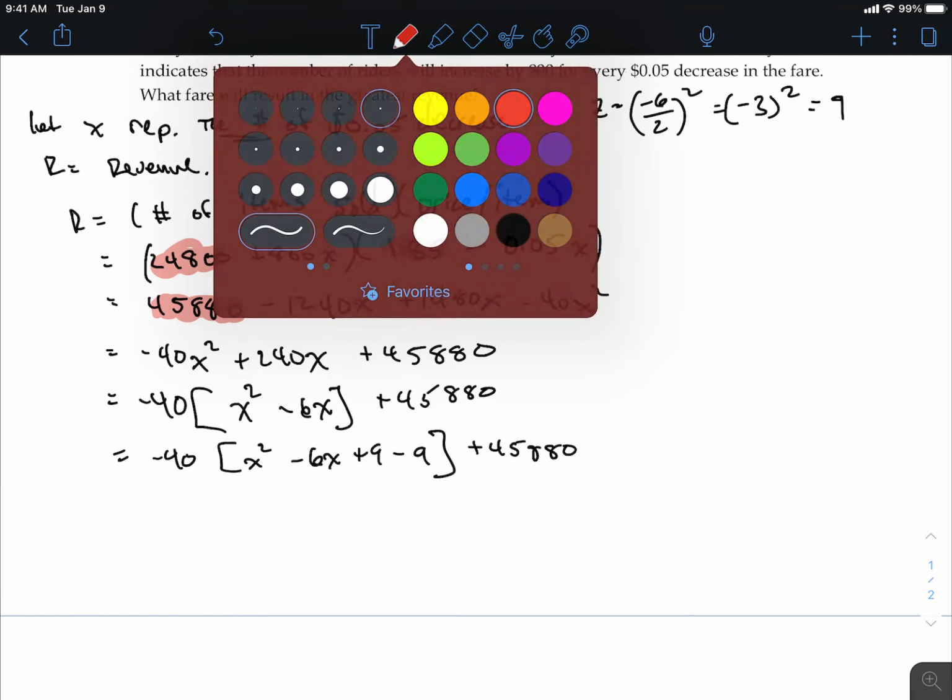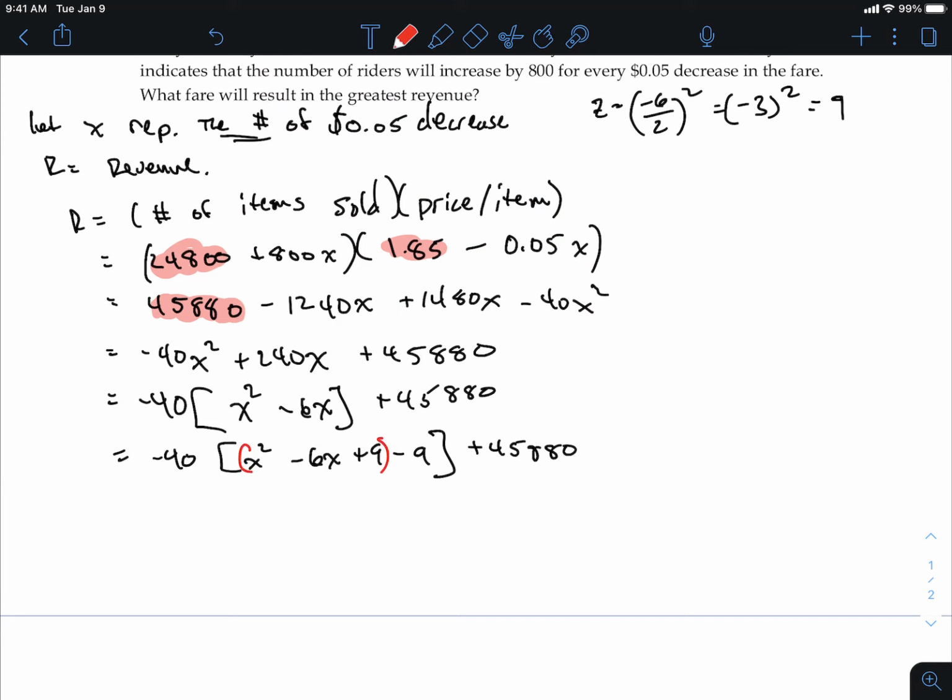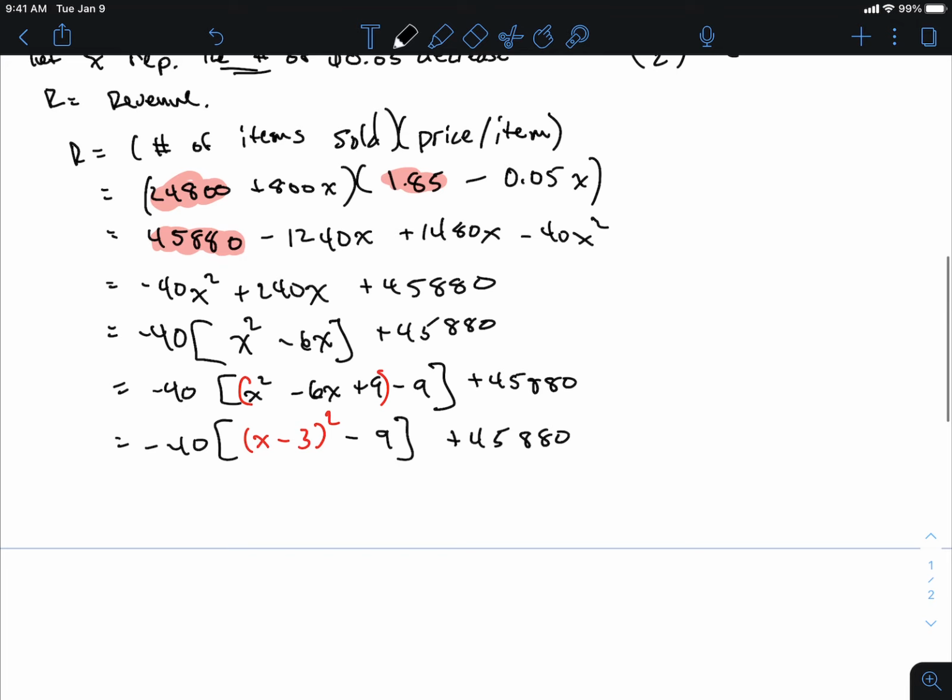The first three terms create a perfect square trinomial that ultimately turns into x minus 3 squared, minus 9. Then you just multiply the negative 40 in.